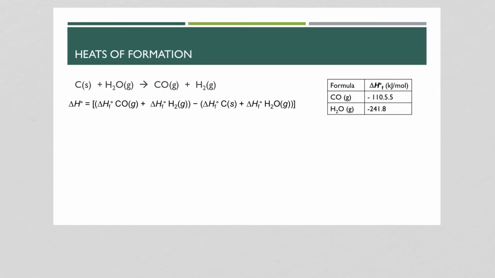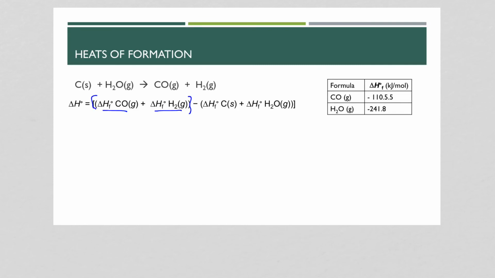So here's that reaction. The way that we would do this, of course, would be we would take our products, which would be 1 mole of CO here, 1 mole of H2, and we would minus, right, these are going to be our products.